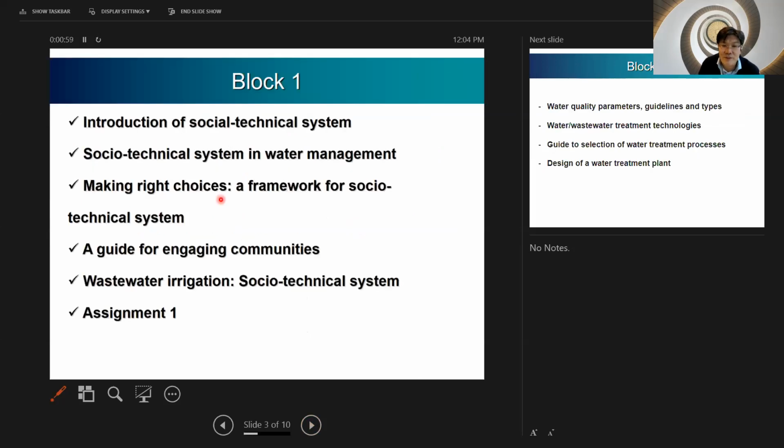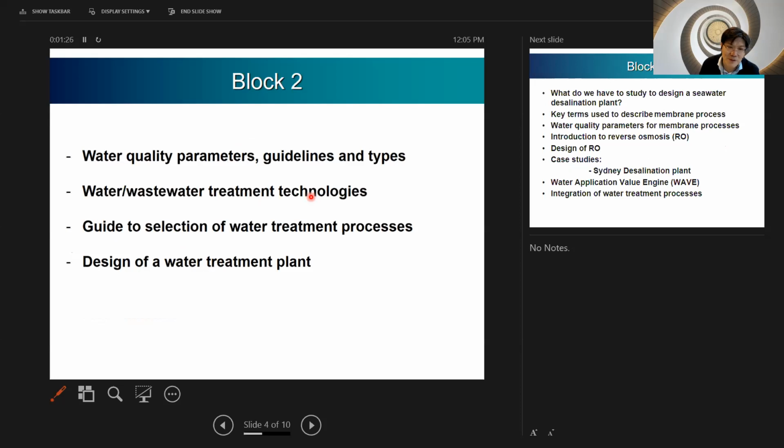So block 1, just a brief review. We introduced the social technical system in water management and how we can frame the social technical system, a guide for engaging community, and water irrigation social system, and assignment 1 and assignment 2.